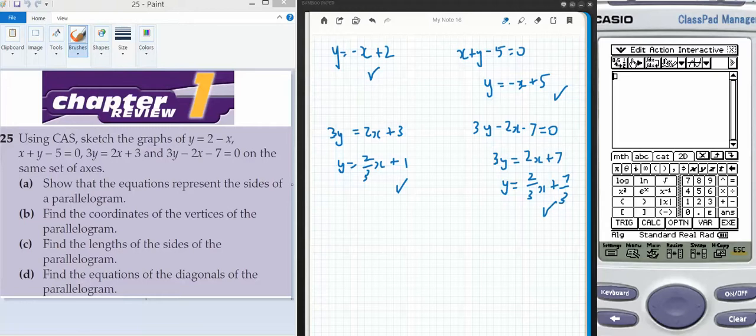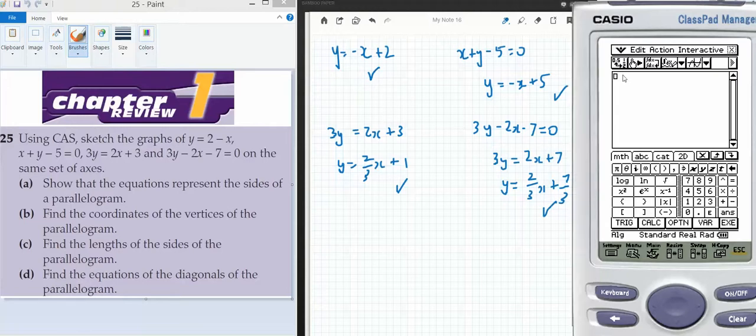Okay, so over here I'm going to write y equals minus x plus 2. And I've got x plus y minus 5 equals 0.